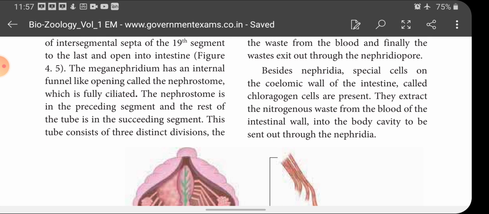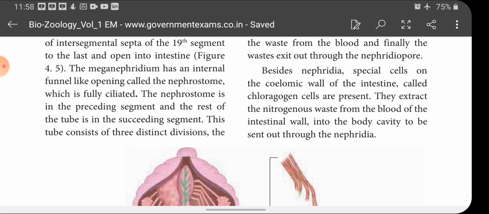Besides nephridia, special cells on the coelomic wall of the intestine called chloragogen cells are present. They extract the nitrogenous waste from the blood of the intestinal wall into the body cavity to be sent out through the nephridia. So far we have discussed the nephridia, the excretory structure in the earthworm.